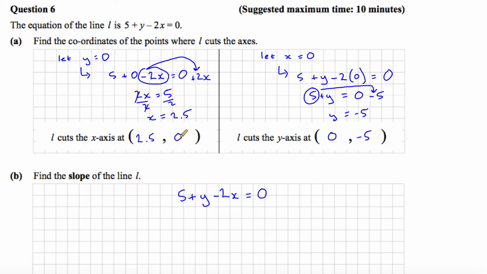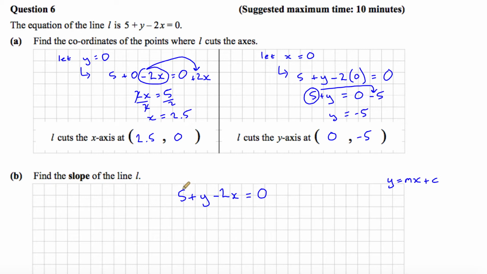So you already know these 2 points on the line, so you could use the slope formula there. Or, you can rearrange the formula into this form here, y = mx + c, where m is the number in front of x, that number in front of x will be the slope. So I'm going to do it this way.